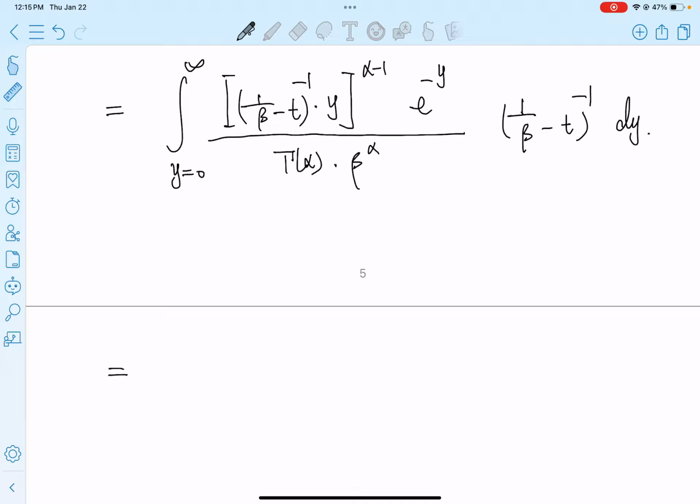We can bring whatever is constant to the front. So we have 1 over beta minus t, to the power of negative 1. So I'm bringing this part. Anything that does not involve y, we can move outside the integral.